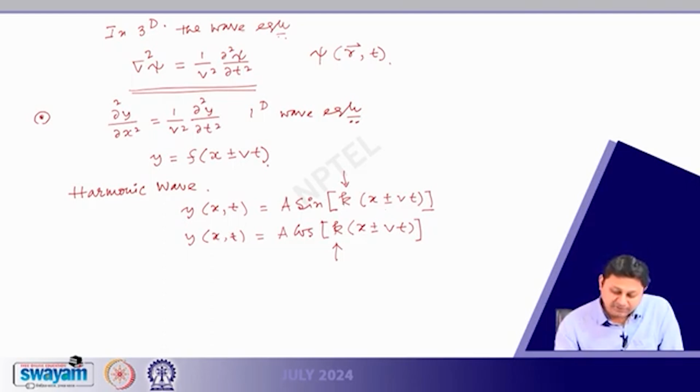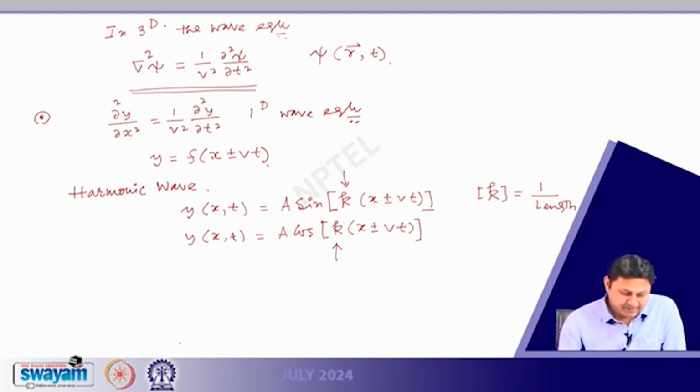So we should have a multiplier whose dimension is 1 by length, so that k multiplied by this quantity is dimensionless. So the dimension of k is 1 by length, that we can check easily from here. Later we are going to discuss what k is.